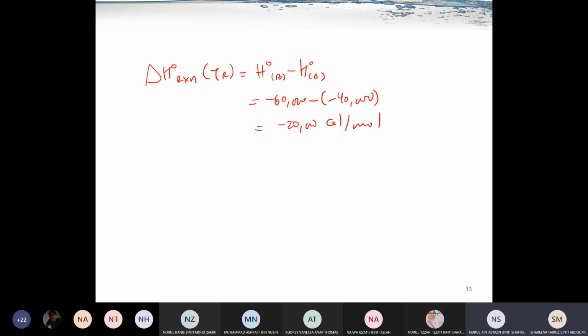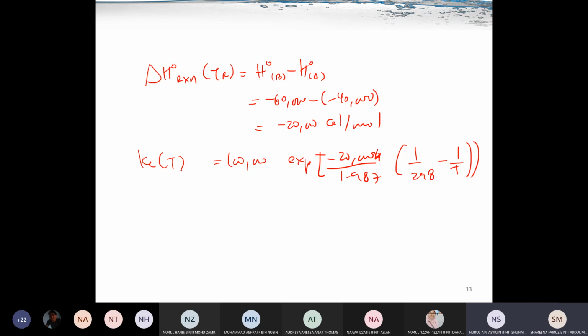Okay, so just masukkan balik this one dekat equation tu, you will get KE(T) equals to 100,000 exponent negative 20,000 over 1.987 times 1 over 298 minus 1 over T. Okay, so T1 is referring to at initial temperature lah ataupun T reference dia lah, which is 298 K. Okay, so you will have a different KE at different temperature and also XE at different KE. Alright, so just masukkan balik.